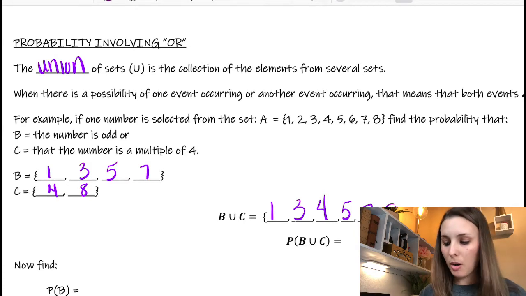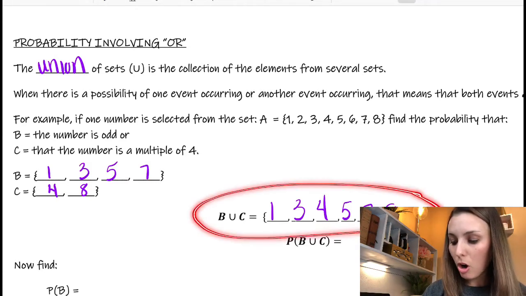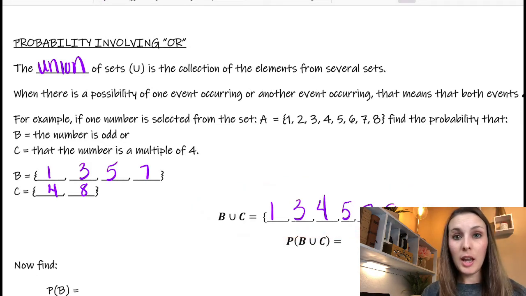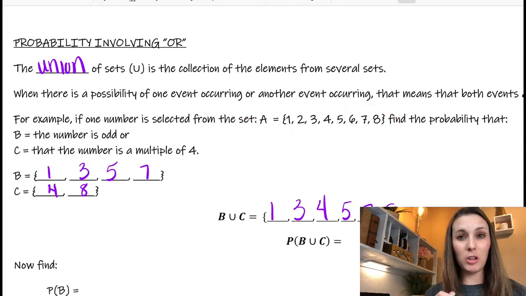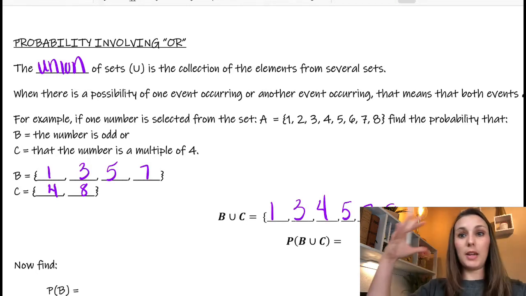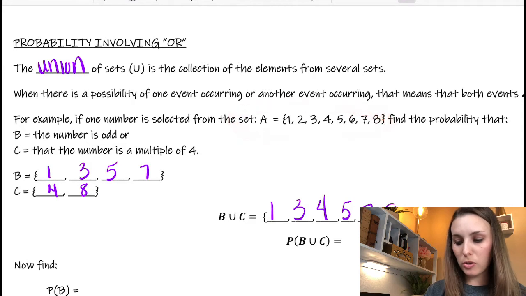So you take all these pieces of furniture and put them into one house, and that is the union of two sets. Now I have this new set called a union, and I'm finding the probability of this union happening based on my universal set A. I haven't mentioned that yet in this video. A universal set is like the beginning set that has all the elements in it. So A is my universal set.